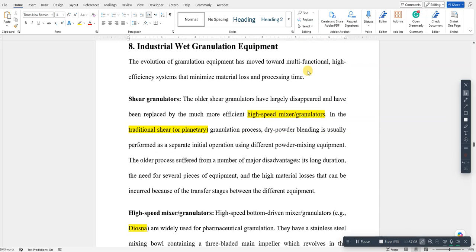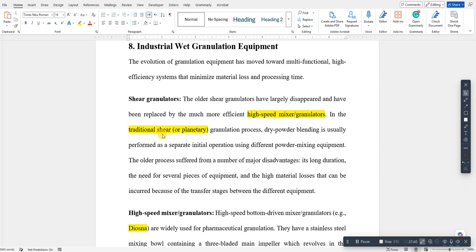Let's talk about industrial wet granulation equipment. We have the shear granulator, the normal ones that are used in granulation. These are very slow and you need many equipment. Maybe in the video you saw in the beginning, they are talking about normal shear granulator and there is a high-speed granulator.